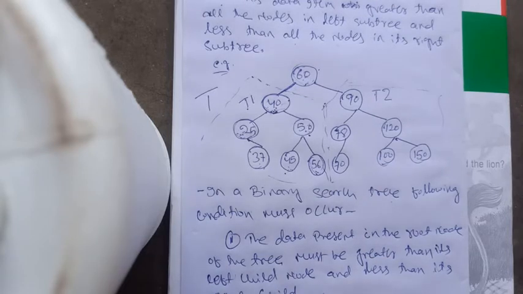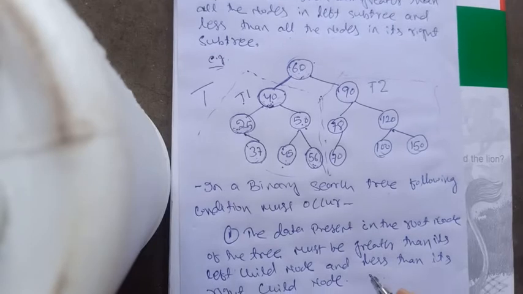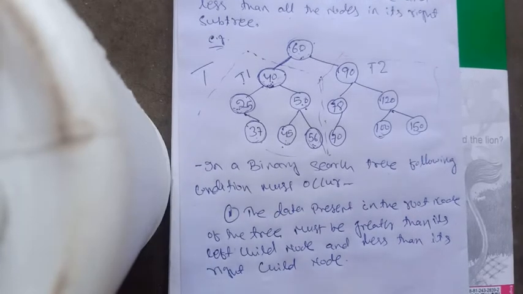This is one criteria. So in a binary search tree, whatever data value is present in the root node of the entire tree must be greater than its left child node but less than its right child node.